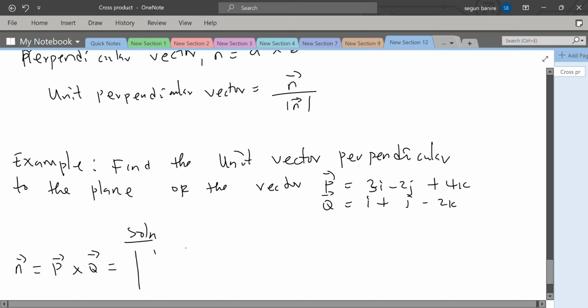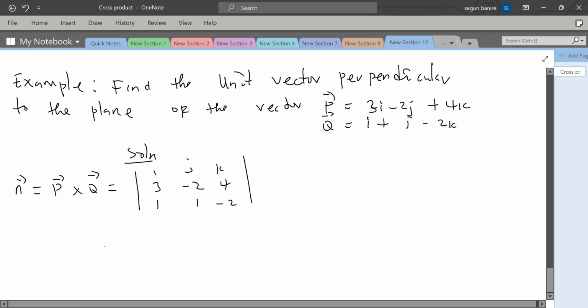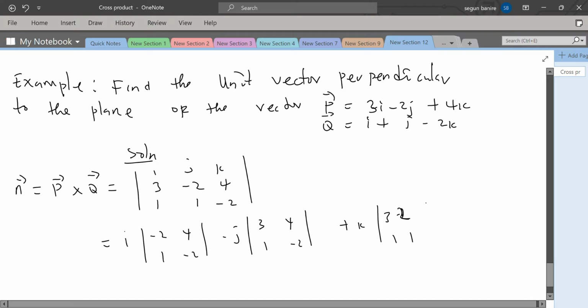So we say i, j, k. 3, minus 2, 4. 1, 1, minus 2. So i is minus 2, 4, 1, minus 2. Minus j, 3, 4, 1, minus 2. Then k, 3 minus 2, 1 and 1.